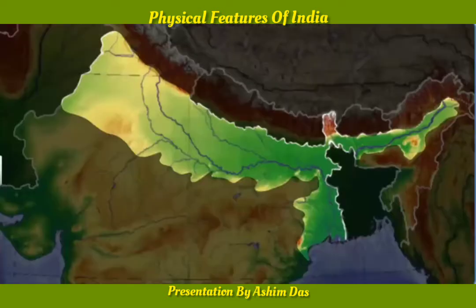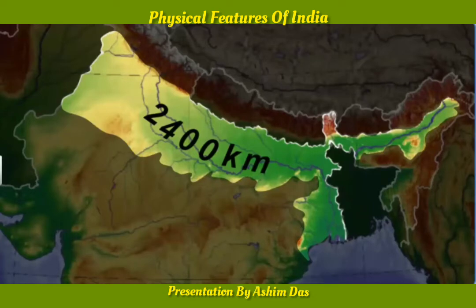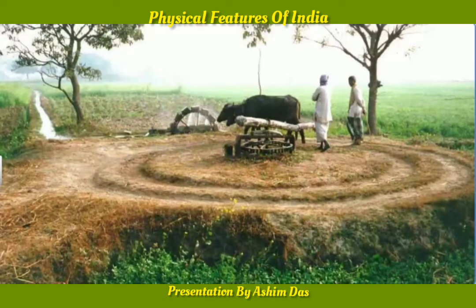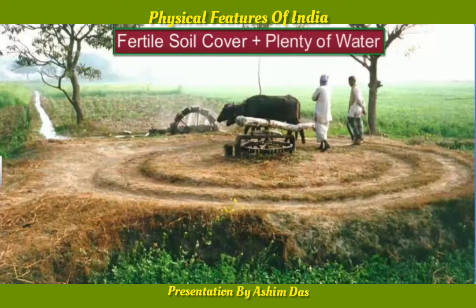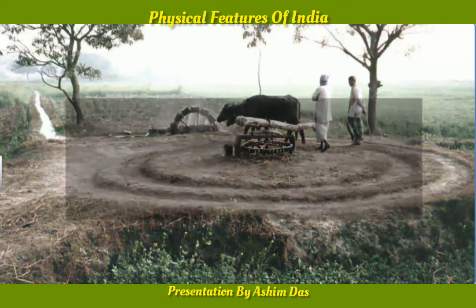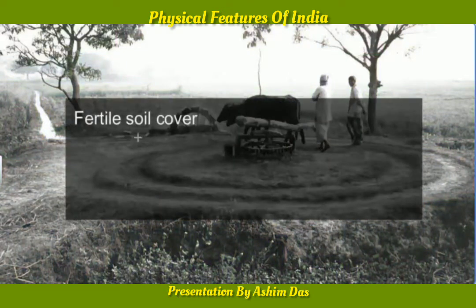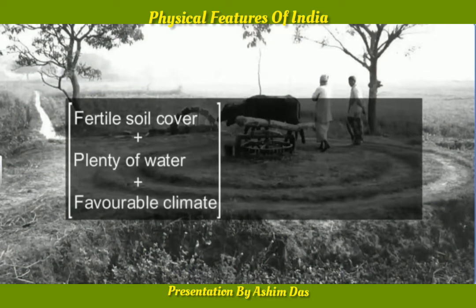The length of the plain is 2,400 kilometers. As mentioned earlier, the soil cover in this plain is rich and fertile, and water is found in plenty. Combined with a favorable climate for growing several major crops, the northern plain is one of the world's most intensively farmed areas.